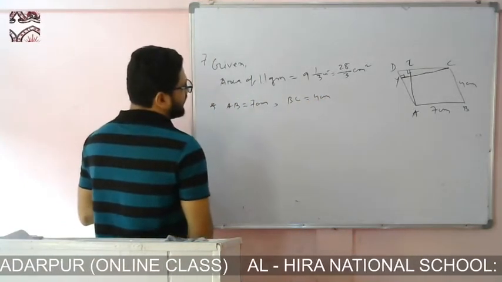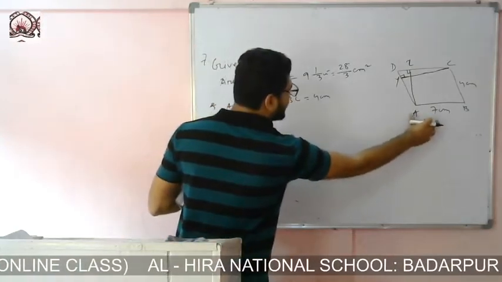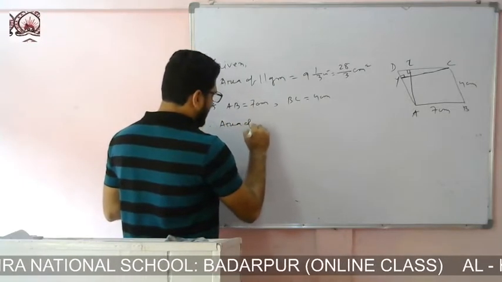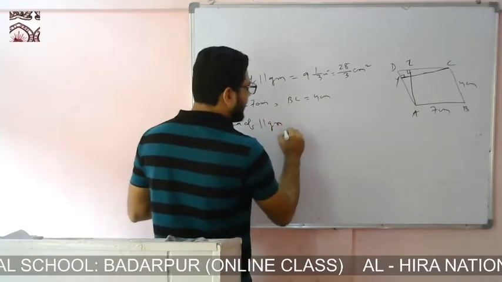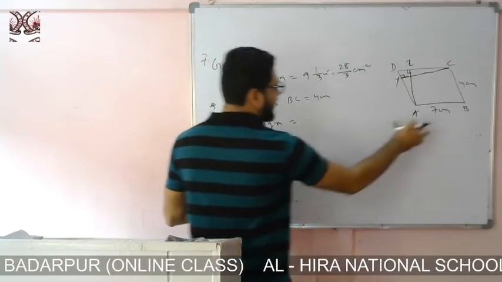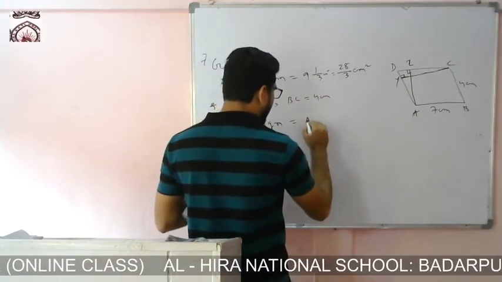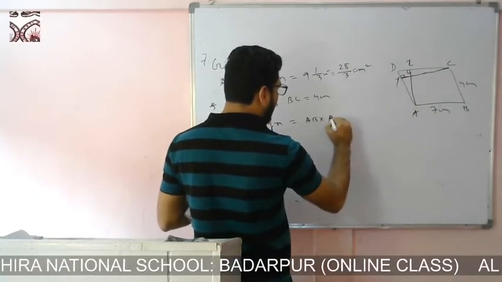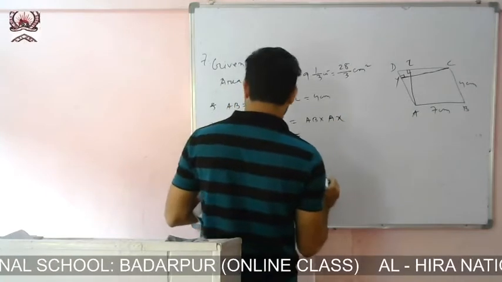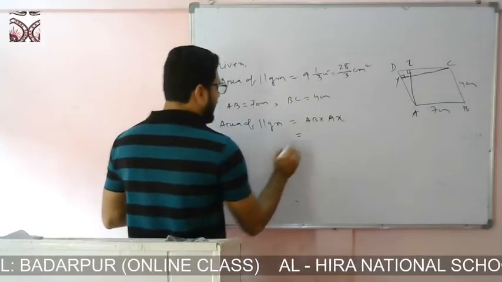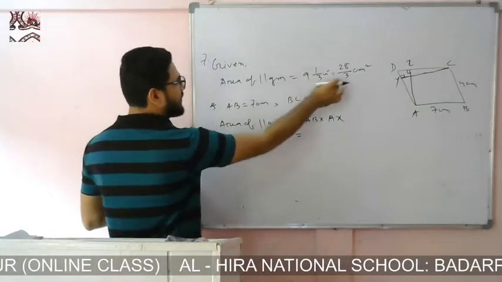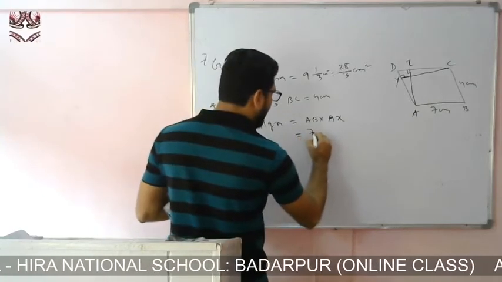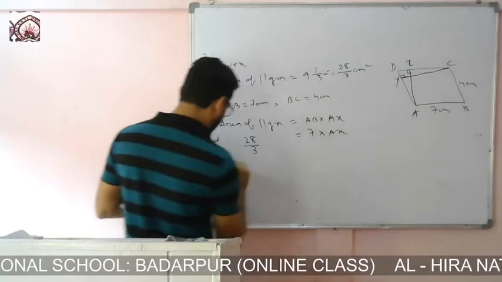First, with the help of this one, write: therefore area of parallelogram will be, if you consider base as AB, then base into height. Base AB, height will be AX. So here area of parallelogram I can write 28/3, and here AB is 7 and AX you have to find.